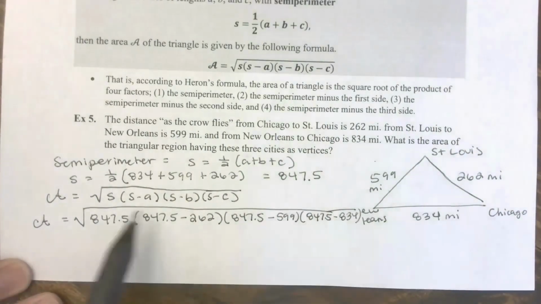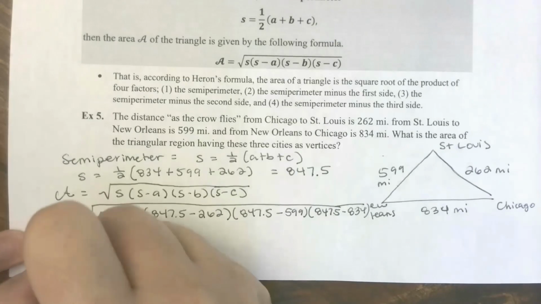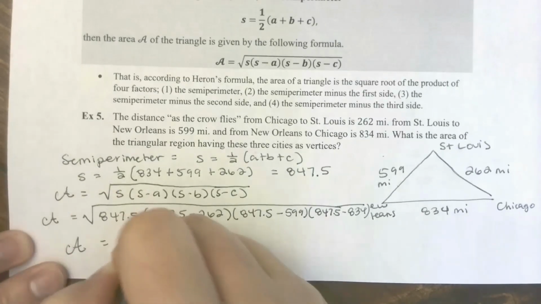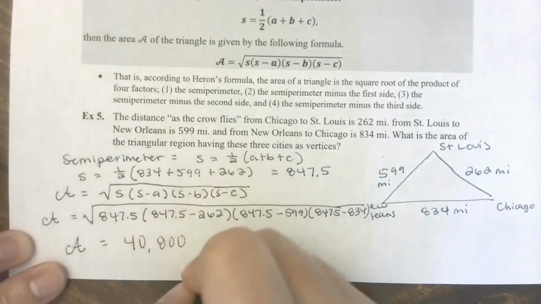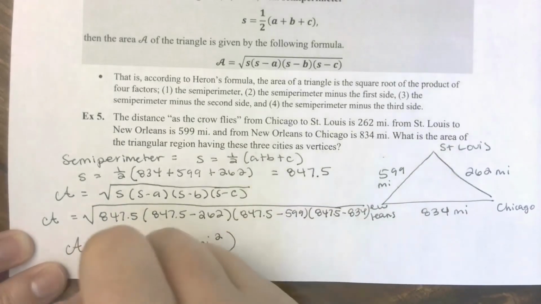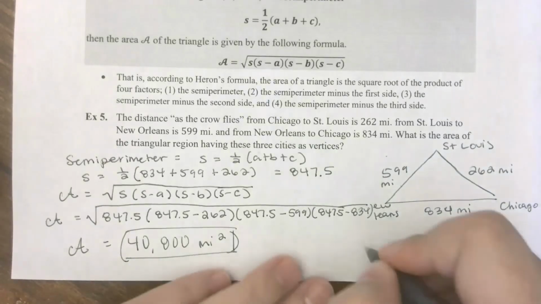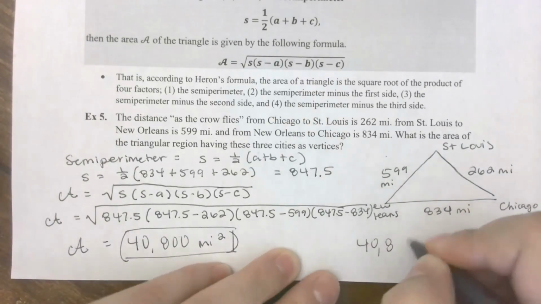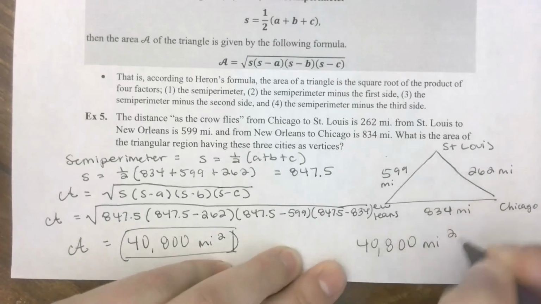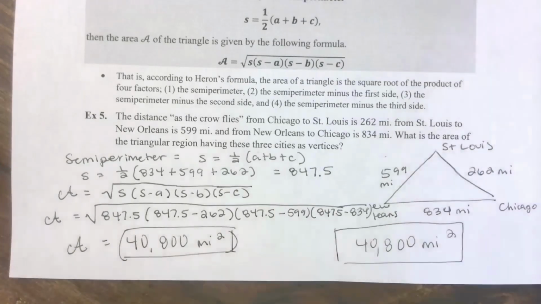After you multiply all this out and then take the square root, you're going to get A is, we'll say, 40,800 miles squared. So don't forget to put the miles squared when we're talking about area. It's important to have that measurement there. All right, and that is the very last bit for this semester.